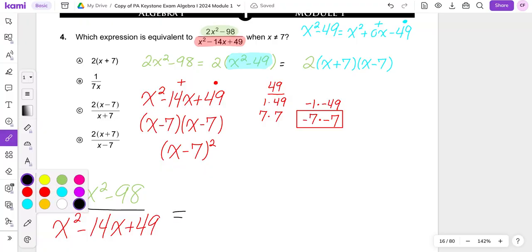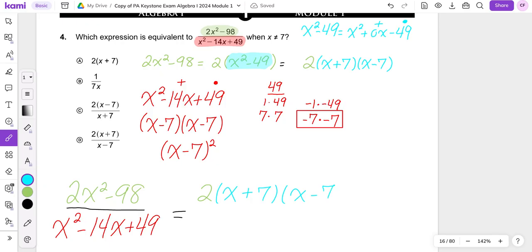So the top part, we found that to be 2 times the x plus 7 times the x minus 7. And the denominator we factored and got the x minus 7 times the x minus 7.